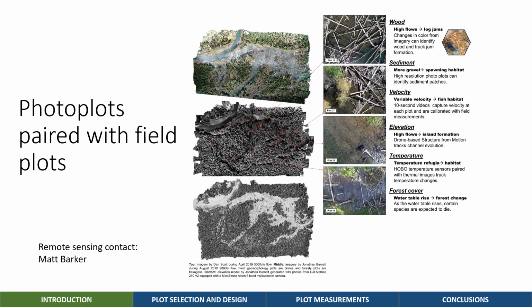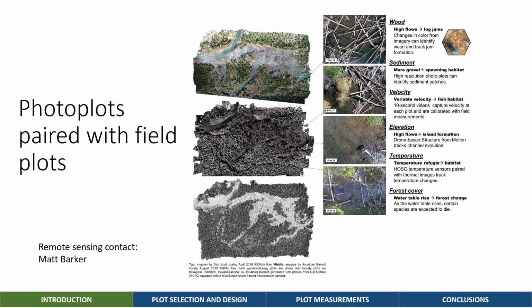Videos that are taken at the same location as the photo plots and the geomorphic field plots can help us measure velocity and get a variance of velocity across the entire site, which is important for habitat assessment. Drone data can also help us create DEMs and assess how the actual topography of a site is changing over time.